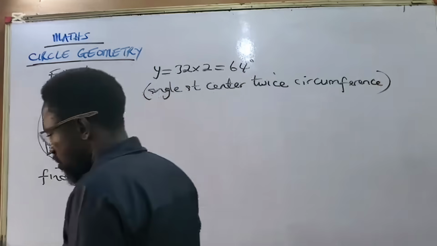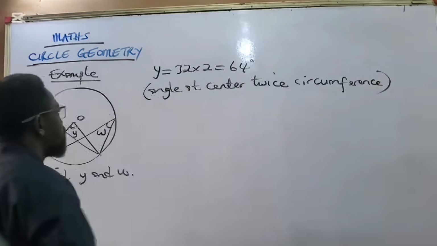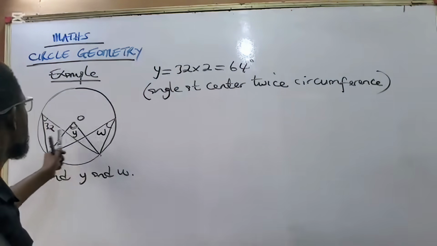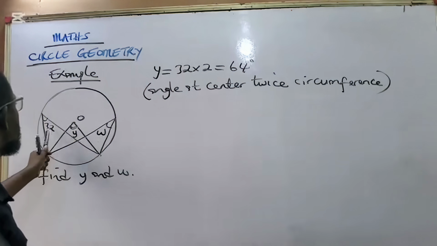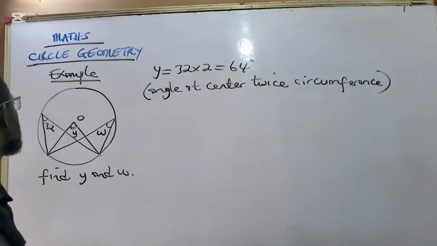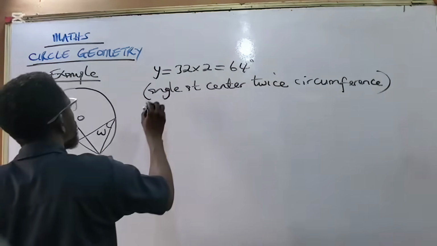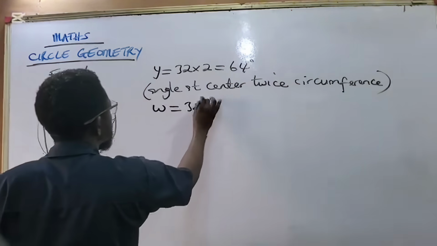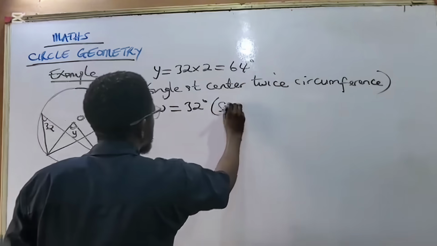And check what we did in our previous class. Then this one, this w, and this one, they are in the same segment. So w equal to 32.